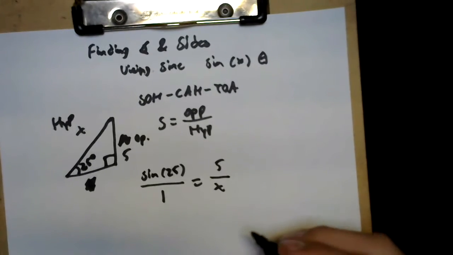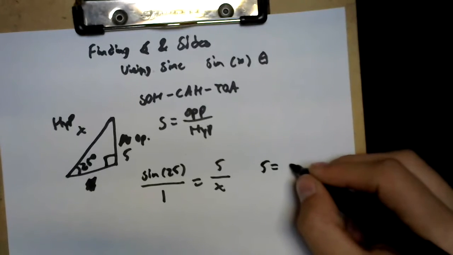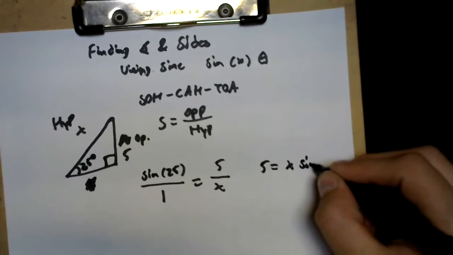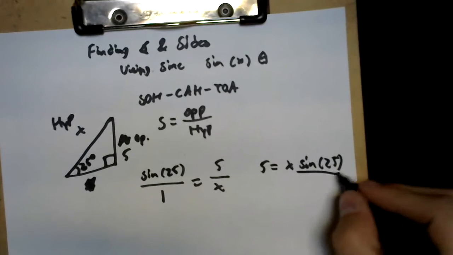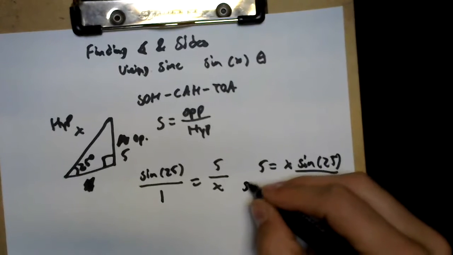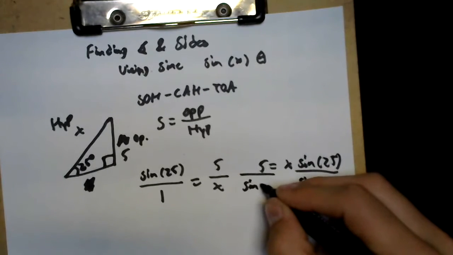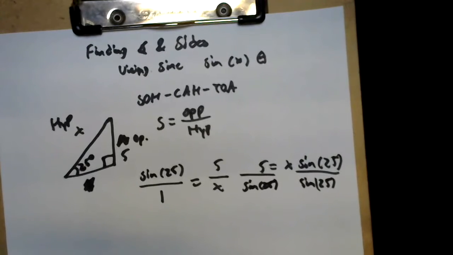So you compute this out and you get 5 equals x times sine of 25. To solve for x, you divide by sine of 25 on both sides. Compute that out on your calculator.